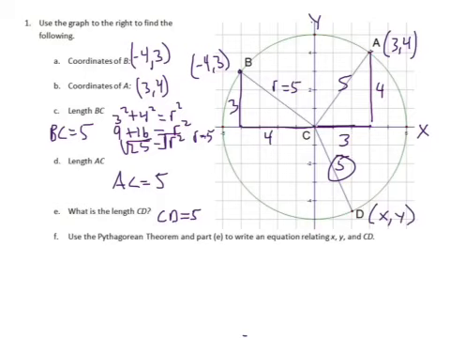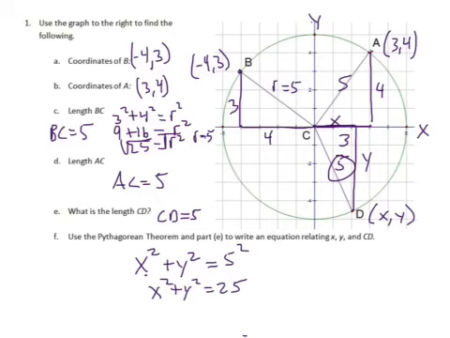What we do know is that whatever the x is and whatever the y is, we're going over x, we're going down y, so we know that x squared plus y squared must be equal to 5 squared, because 5 is that hypotenuse right there. So we've got x squared plus y squared equals 25. And there is the equation of the circle.